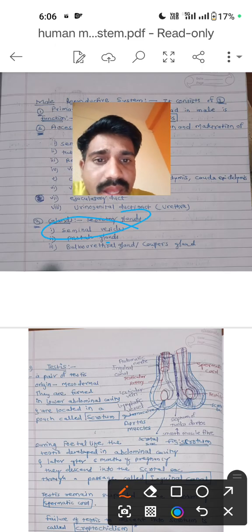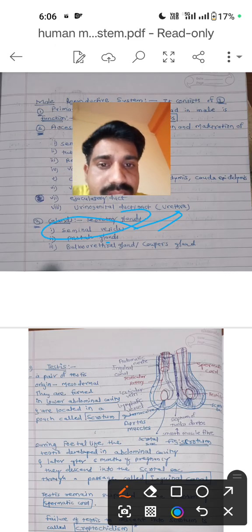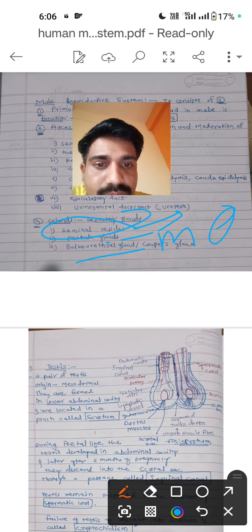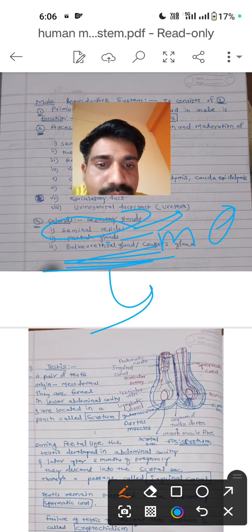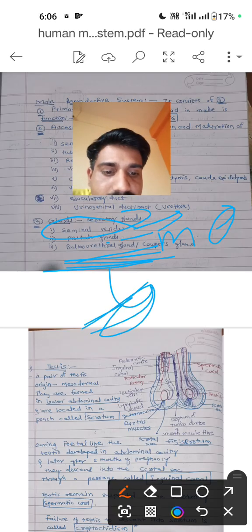It secretes seminal fluid, alkaline in nature. The prostate gland gives a milky color to the semen. The bulbourethral gland, or Cowper's gland, produces a sticky, glue-like secretion useful for lubrication.